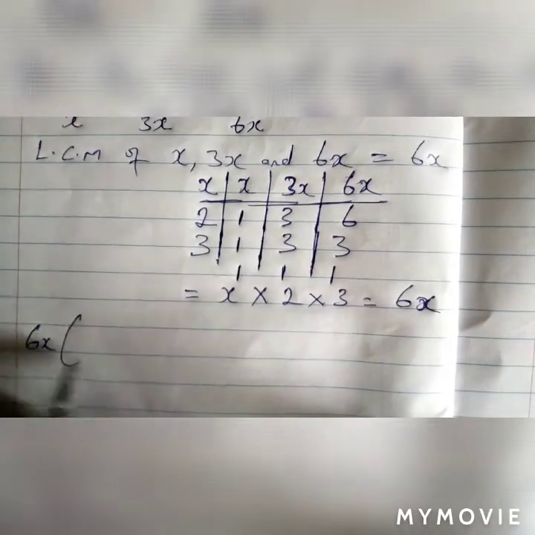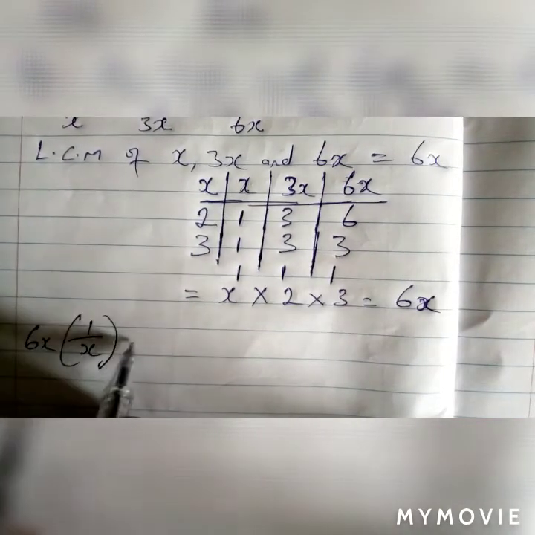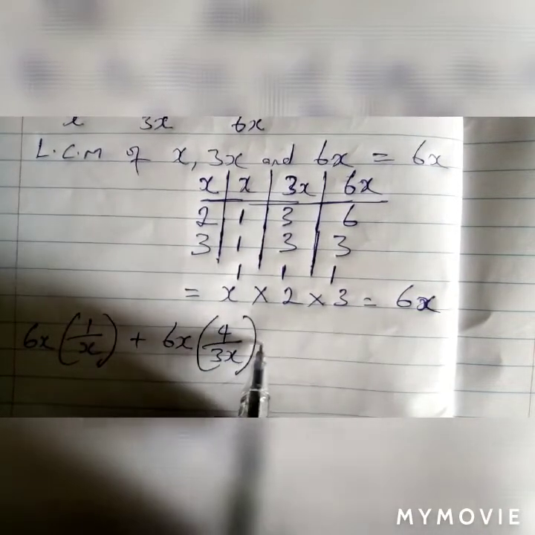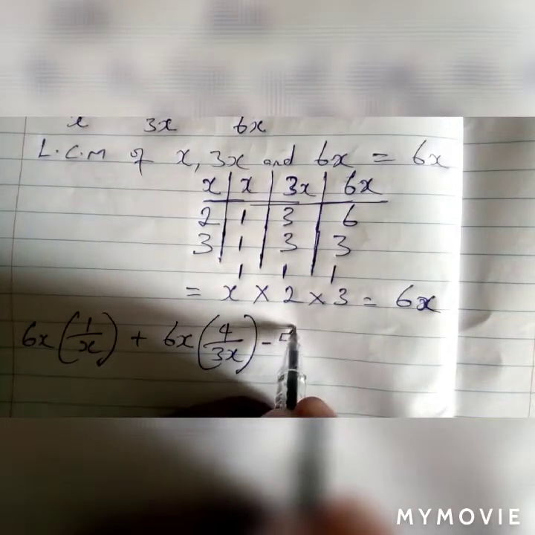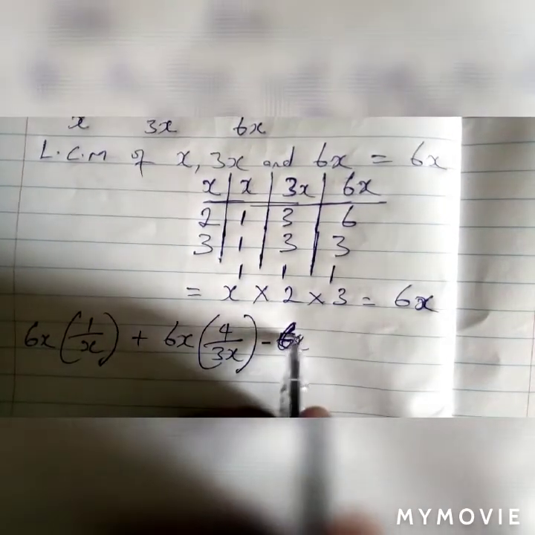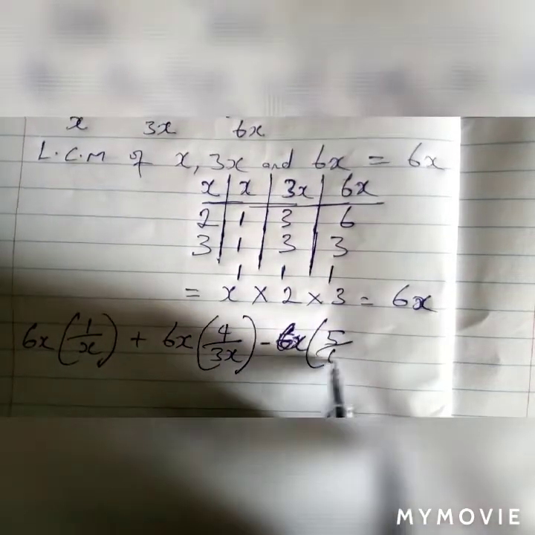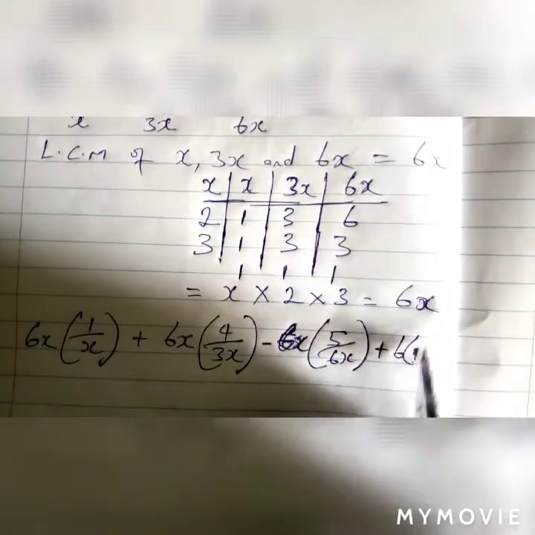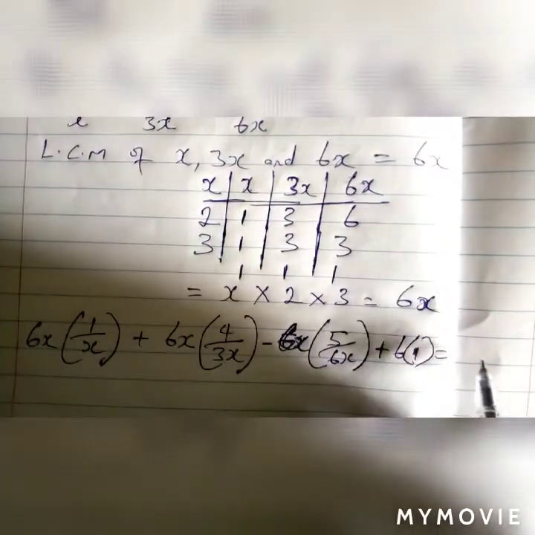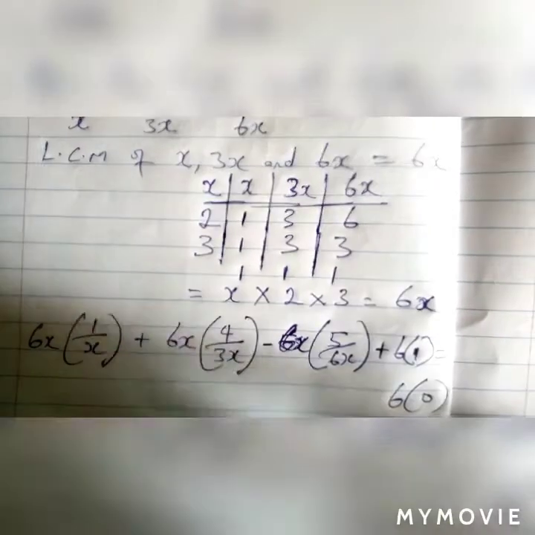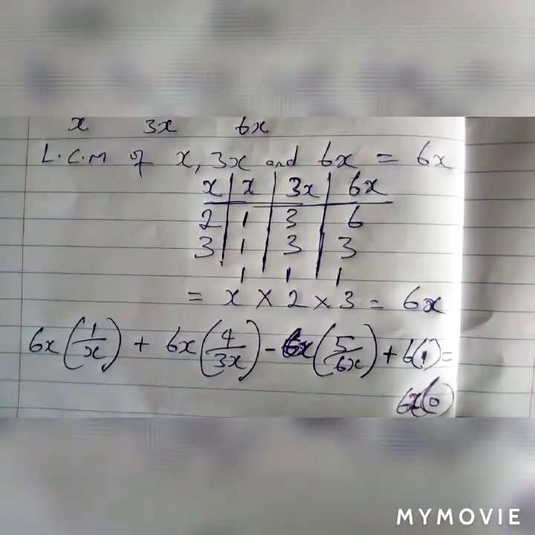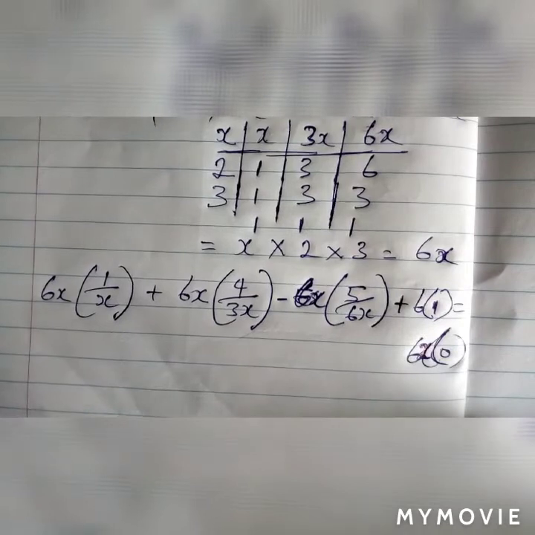So 6x is going to multiply 1 over x, plus 6x multiplies 4 all over 3x, minus 6x multiplies 5 all over 6x, plus 6x multiplies 1, which equals 6x multiplying 0.